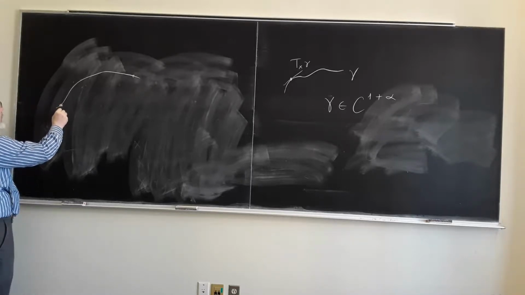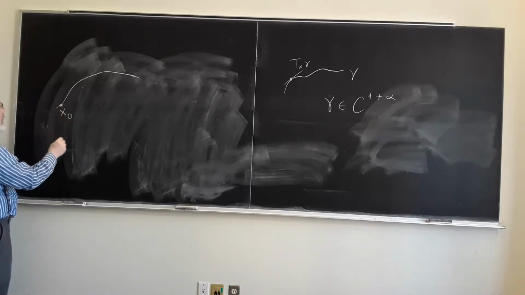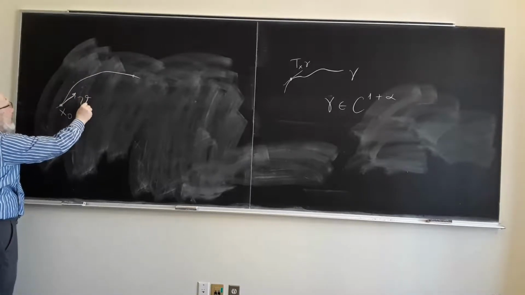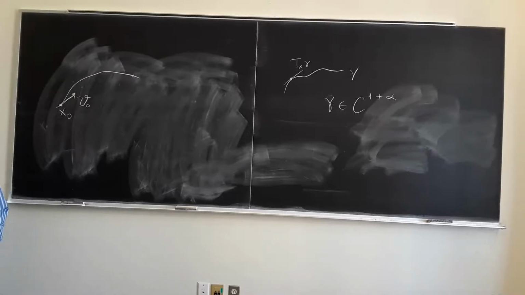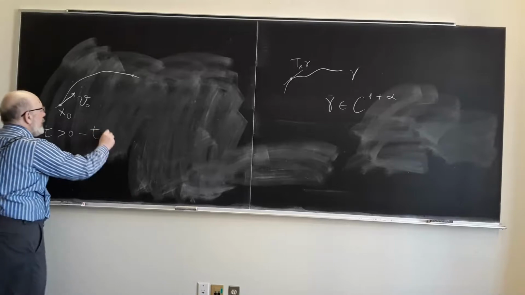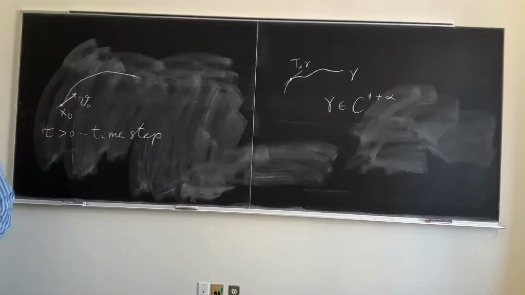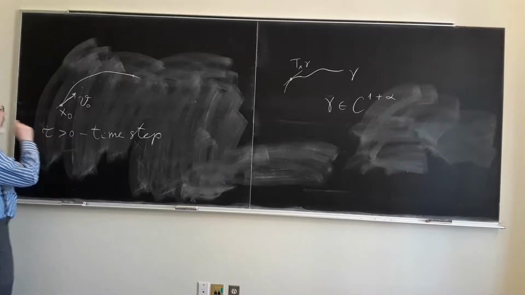Let us take initial point x0 and initial velocity, say v0. And now let us give some time step, say tau. Let us perform the following construction.